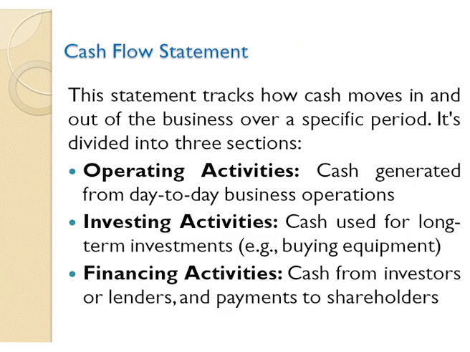The cash flow statement is divided into three main activities: the operating activities, the investing activities, and the financing activities. Operating activities are cash generated from day-to-day business operations. Investing activities are cash used for long-term investment, and financing activities are cash from investors or lenders and payments to shareholders.